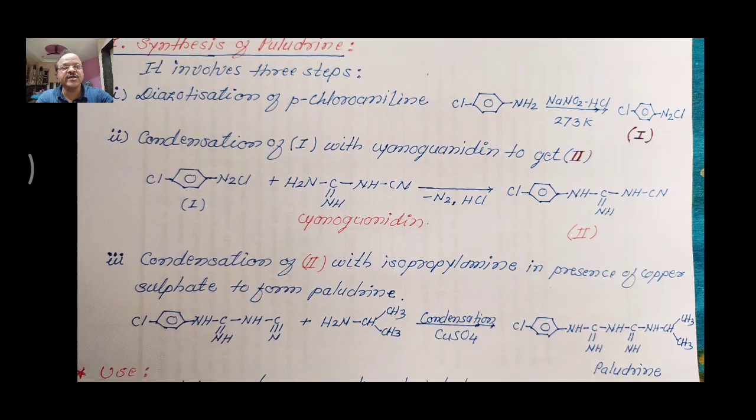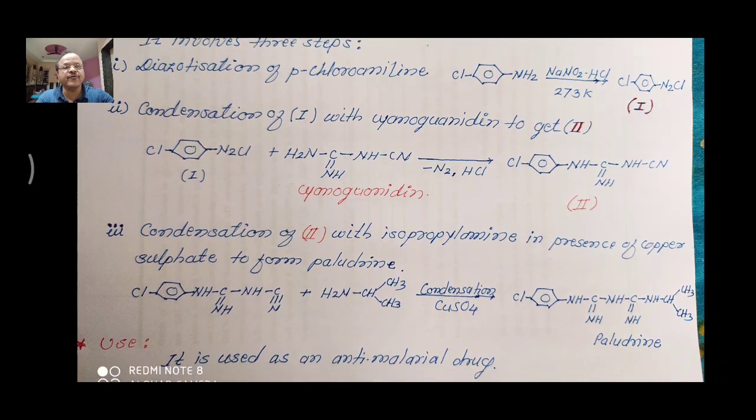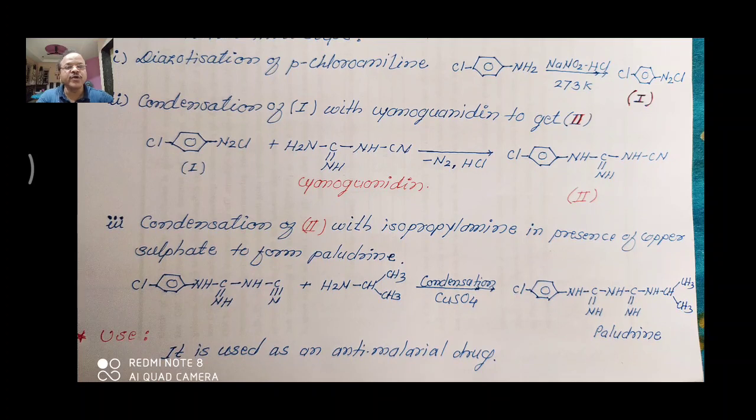In the third step of the synthesis of paludrine, compound number 2, obtained in step number 2, is condensed with isopropylamine in the presence of copper sulfate to form paludrine. So in this third step, you get the expected product, paludrine.